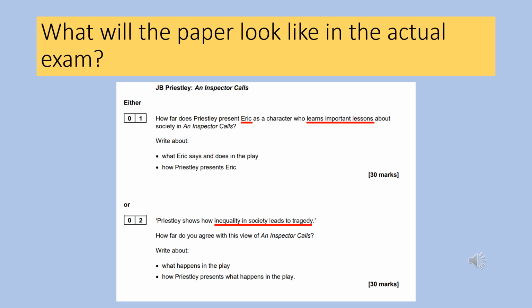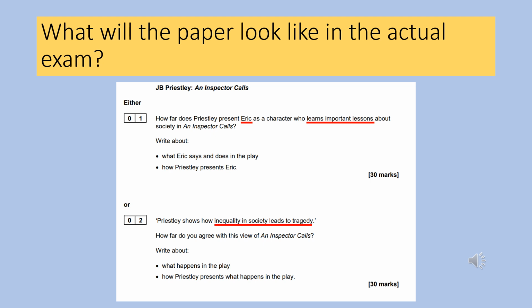And you can see I've highlighted or underlined the things that you might highlight in the exam. And it says, write about what Eric says and does in the play and how Priestley presents Eric. Or, number 2, Priestley shows how inequality in society leads to tragedy. How far do you agree with this view of An Inspector Calls, and write about what happens in the play and how Priestley presents what happens in the play?